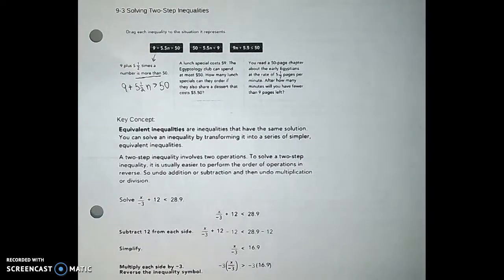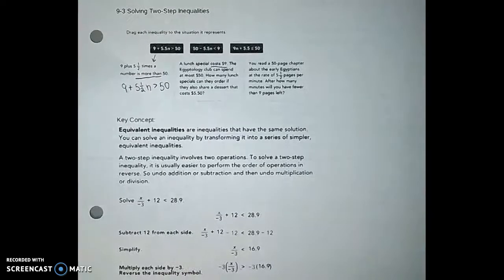Now the second one, we're going to have to look at the situation and keep in mind with two-step inequalities, just like equations, a lot of times they give us a total. So it says a lunch special costs $9. The Egyptology Club can spend at most $50. How many lunch specials can they order if they also share a dessert that costs $5.50?